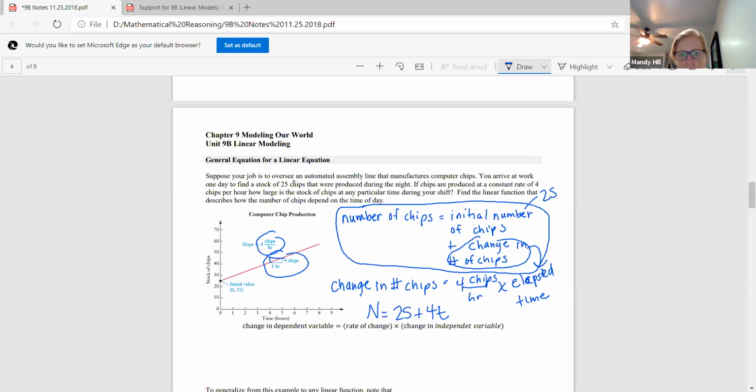So let's look up here. Did they tell us how many hours are going to go by? It says if chips are produced at a constant rate of 4 chips per hour, how large is the stock of chips at any particular time during your shift? Find the linear function that describes how the number of chips depends on the time of day.